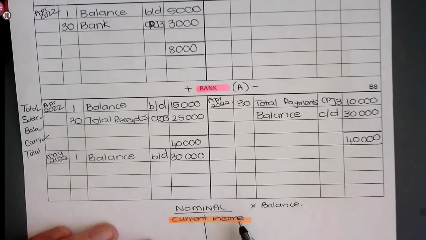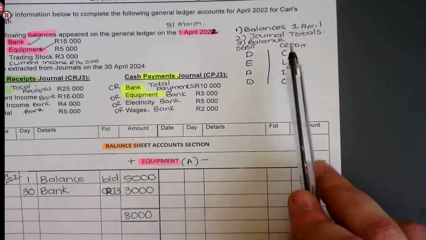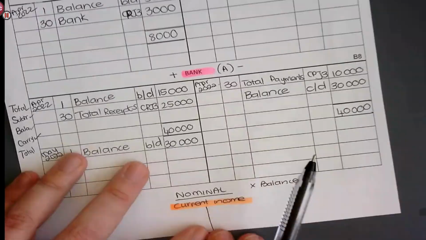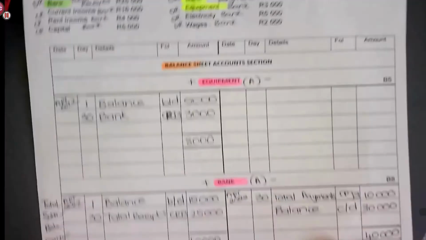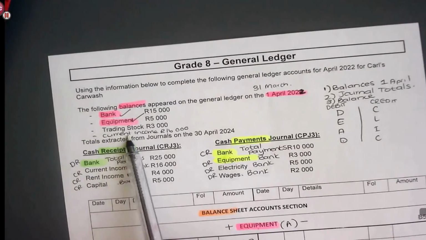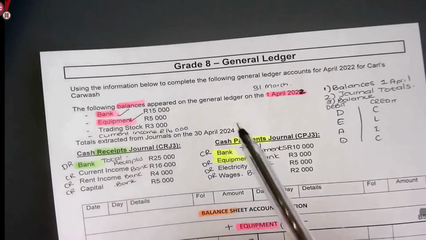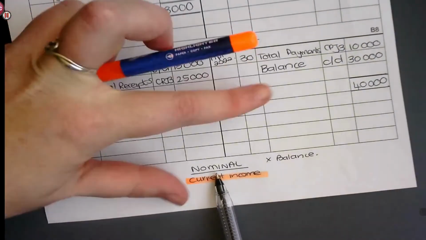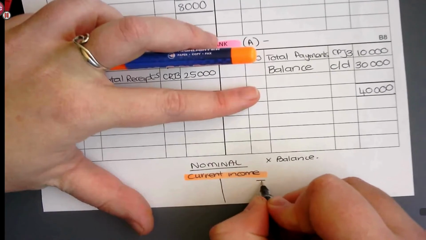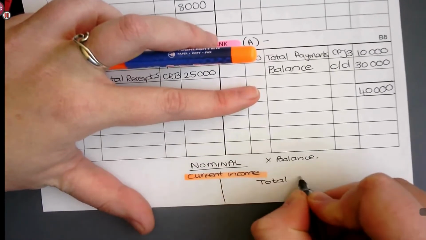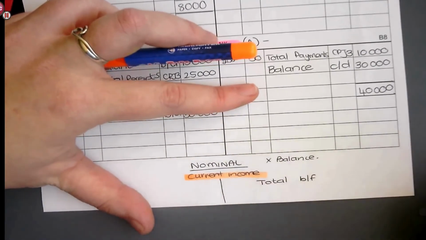Current income is an income. It increases on the credit side, so it's going to go on this side. But we don't call this a balance. If it's in the nominal section, we call it a total brought forward, or actually we accept BD as well.